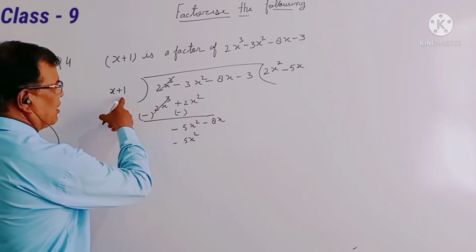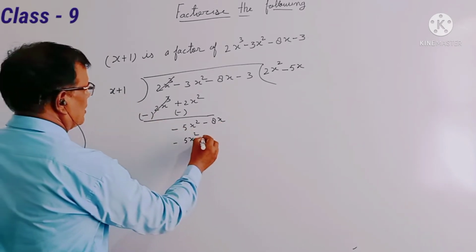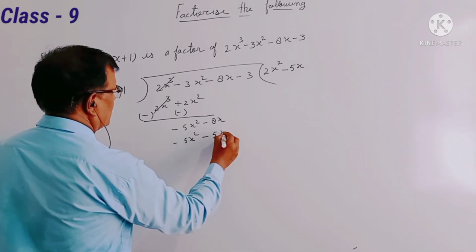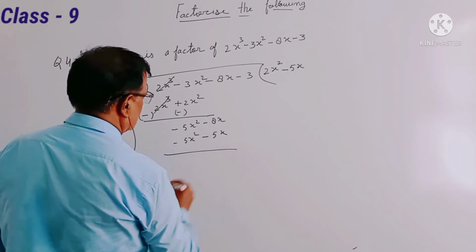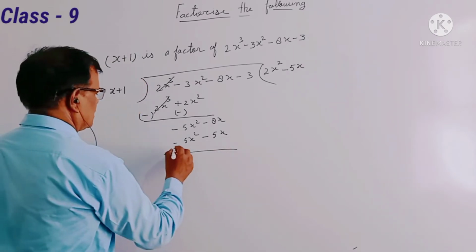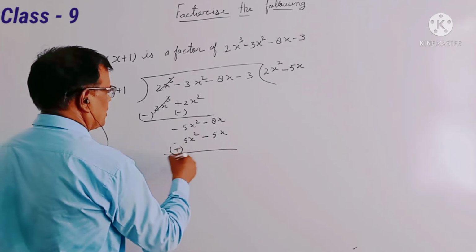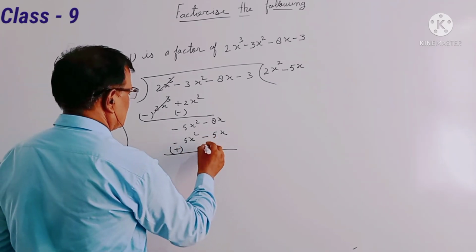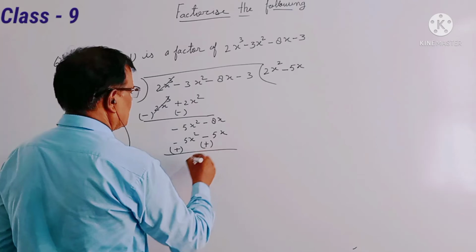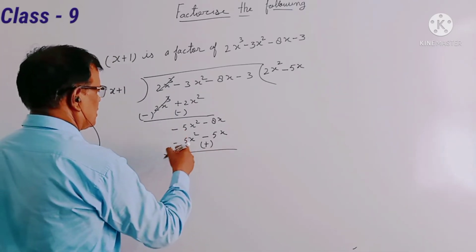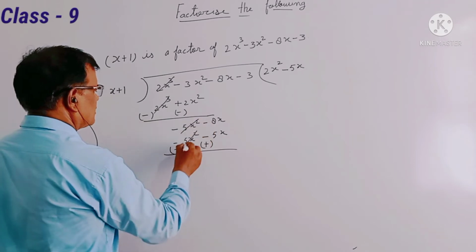Now we multiply plus minus minus it is, and 5x. Here we write. Now we subtract and change the sign first. It is minus, so it will be plus. It will be minus, it is also plus. Now we are seeing first term is opposite and equal, so it will be cancelled.